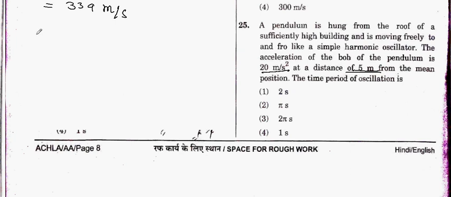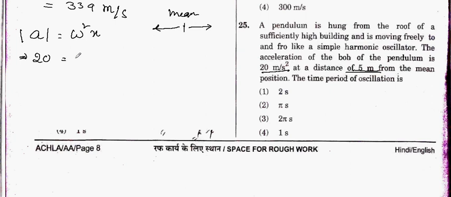The acceleration of a particle undergoing simple harmonic motion, if you take the mod, is omega square into x. Now x is the distance from the mean position, either left hand side or right hand side. Here acceleration is given as 20 when the object is at a distance of 5 meter from the mean position.